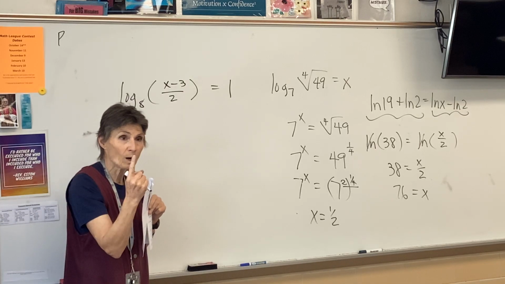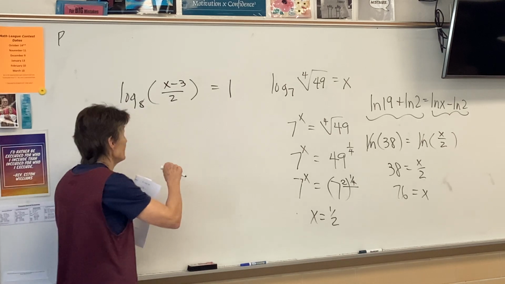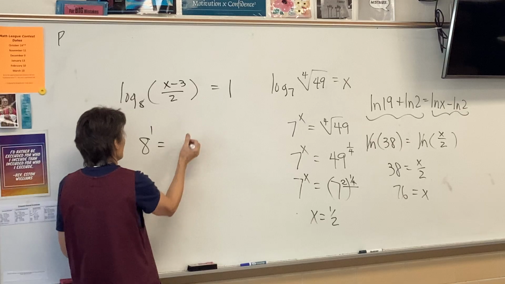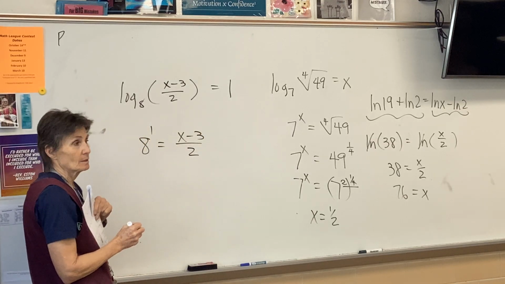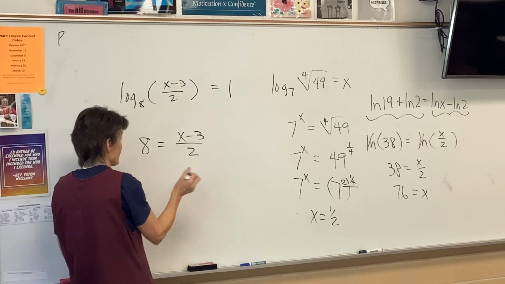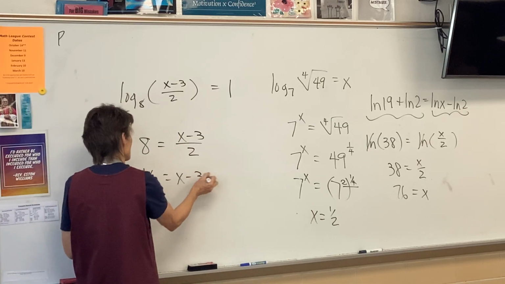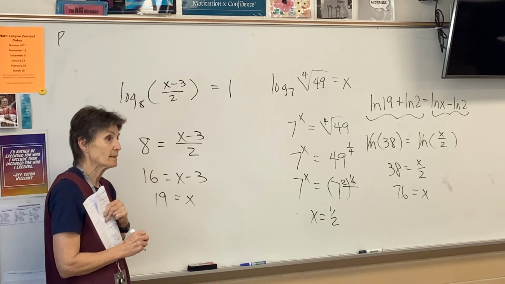No, I only have 1. So what do I do when I only have 1 logarithm? Loop-de-loop. So 8 to the first equals x minus 3 over 2. So that's just 8. So 16 equals x minus 3. I got 19 for that answer. Is your hand up or you just stretch it?